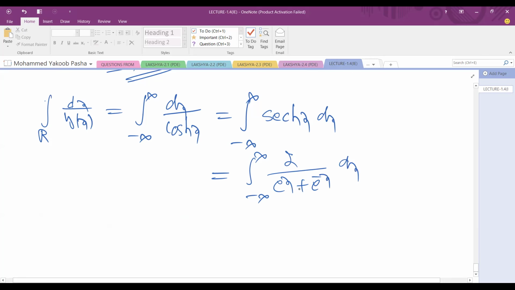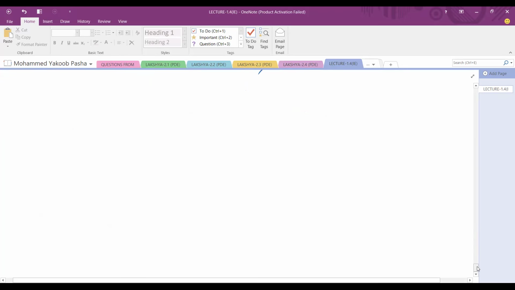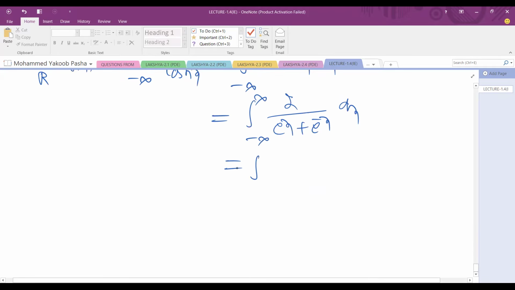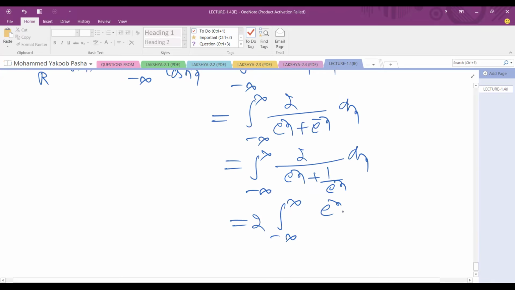Cos hx is e power x plus e power minus x by 2, so sec hx is the inverse of cos hx. So here, the integral from minus infinity to plus infinity of 2 divided by e power x plus 1 by e power x dx. We can write it as 2, a constant, times the integral from minus infinity to plus infinity. Here the LCM is e power x, which goes to the numerator.